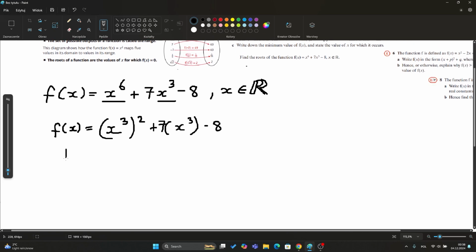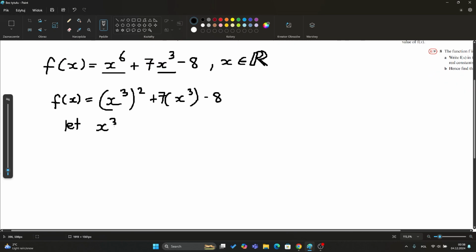Because if we let x cubed equal y, then y squared plus 7y minus 8 equals f of x. So by changing x cubed to y, we have an easier way to calculate y squared plus 7y minus 8 than we would with x to the power of 6.